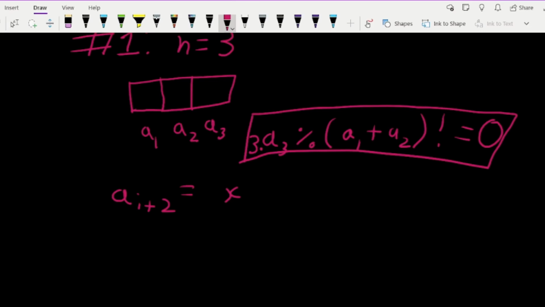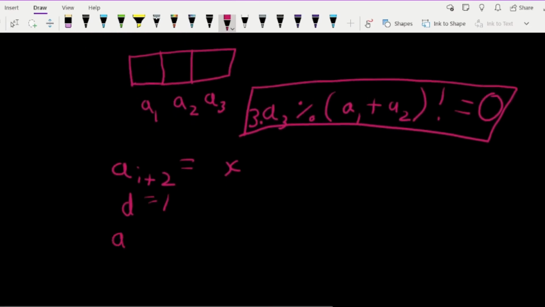We will be generating some general sequence and proving whether such a general sequence holds good or not, for an arithmetic sequence with a common difference as a constant d. So for generating such a thing, let's take ai plus 2 is equal to x, and let's take the common difference first as 1, then ai plus 1 will be equal to x minus 1.